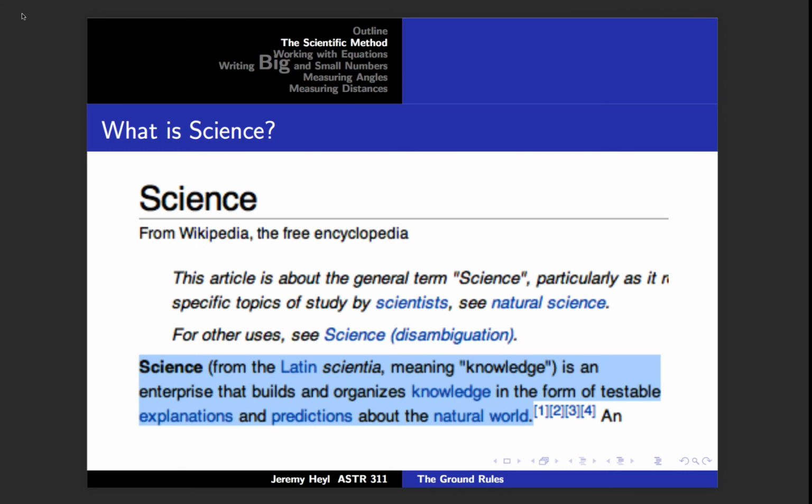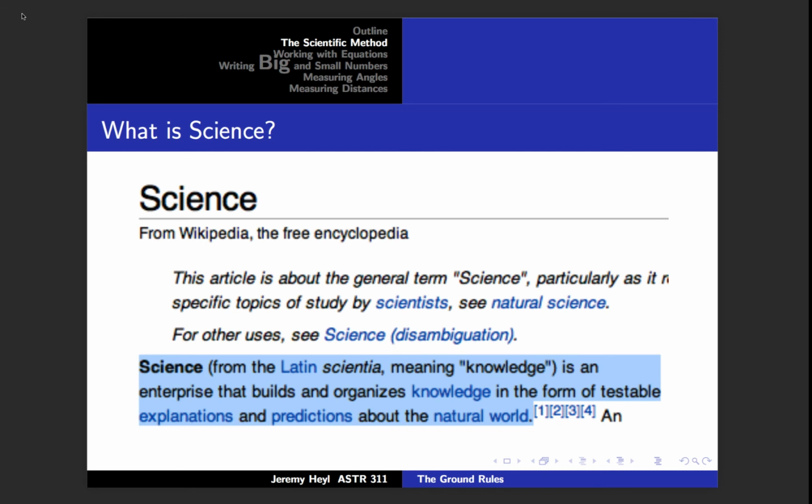So what is science? I've argued that science has to do with knowledge, and this particular definition here is from Wikipedia. It is a little bit like what some people might call social science, which is actually excluded from this definition, and maybe that's not fair. Although we are humans, we're social, and we are part of the natural world in a sense, I think.